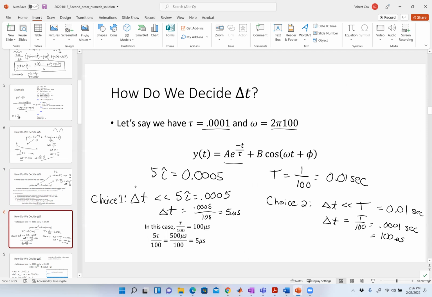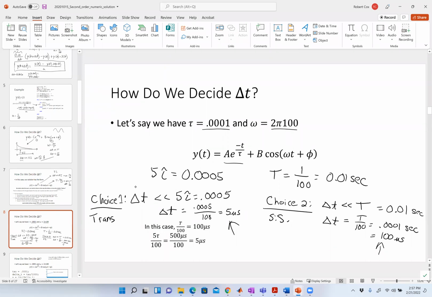I split this up: choice number one came from the transient, and this over here came from steady state. To have delta t much less than 5 tau, my delta t needed to be 5 microseconds. And to make sure I could see the steady state, I needed my delta t to be less than 100 microseconds.